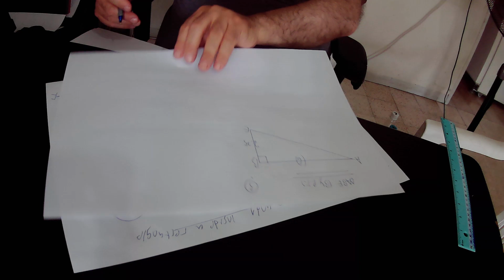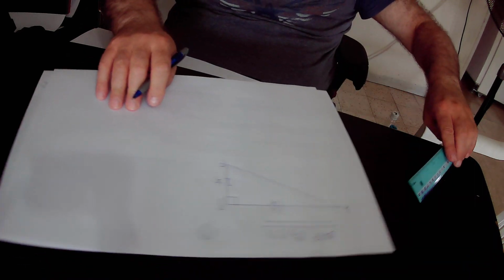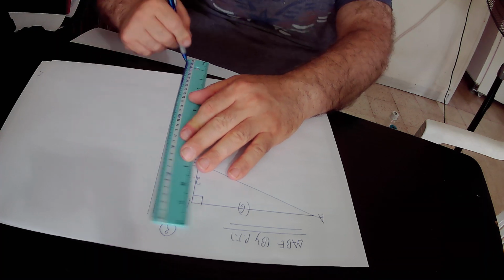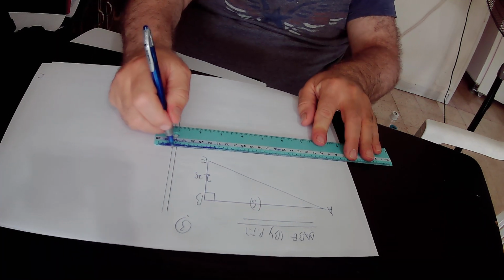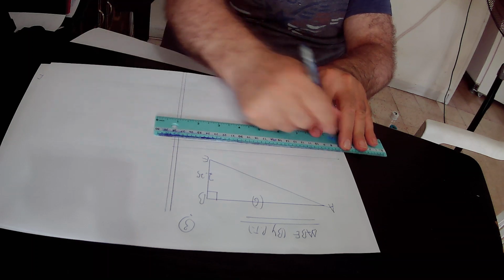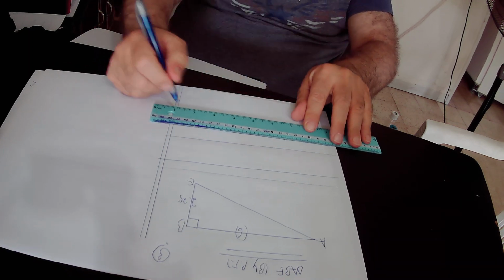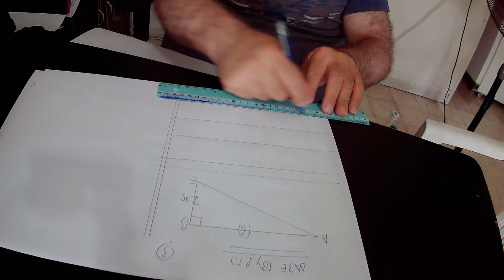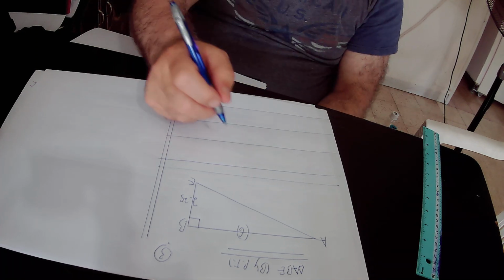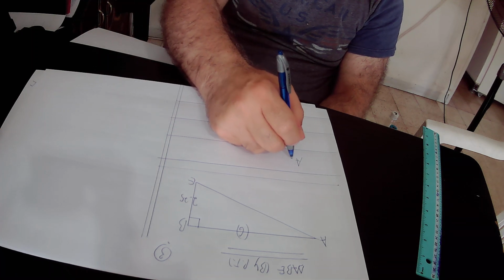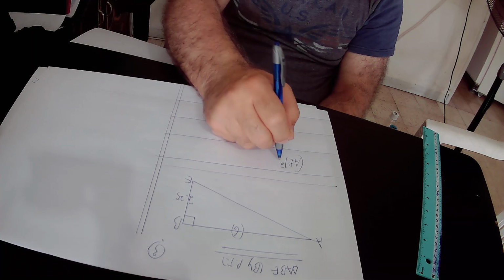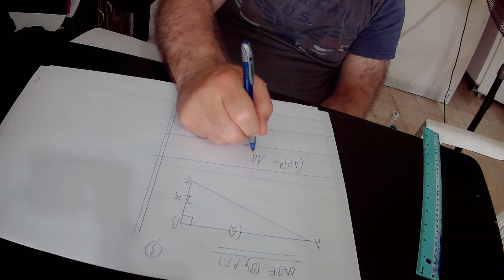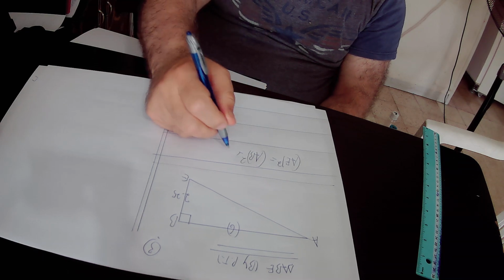Right triangle ABE, according to the Pythagoras theorem, AE squared equals AB squared plus BE squared.